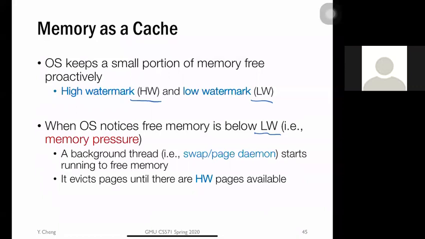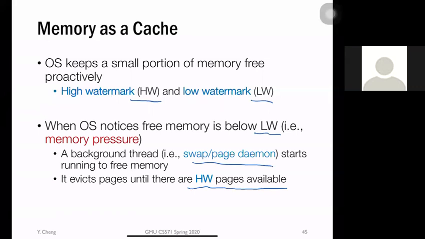A background operating system thread, called the swap or page daemon, kicks in and starts running in the background to constantly free memory, swapping data out from memory to disk. It tries to evict pages until there is a high watermark's worth of memory space available.